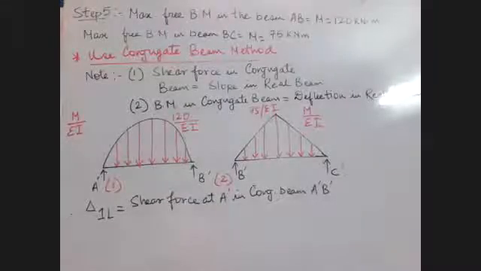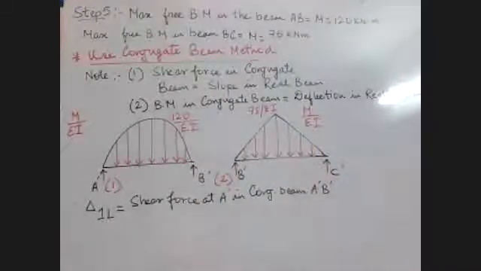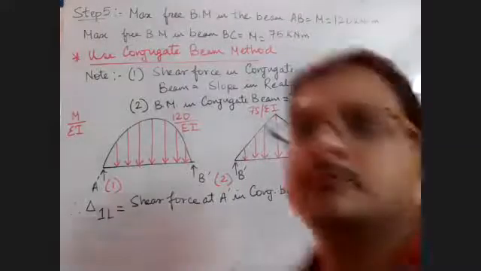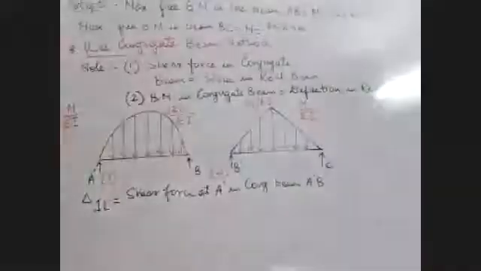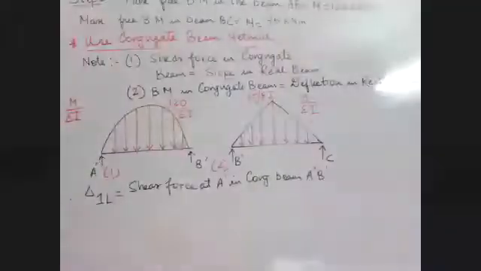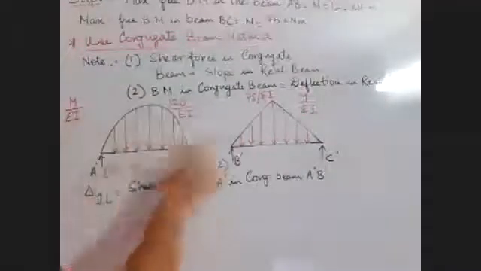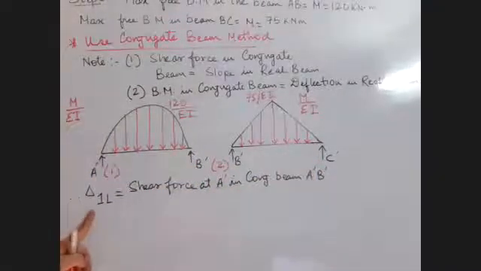So we are using the conjugate beam method. The shear force in the conjugate beam is the slope in the real beam. So basically, from these conjugate beams A dash B dash and B dash C dash, I will first calculate delta 1L.